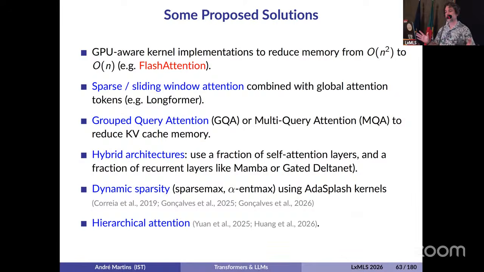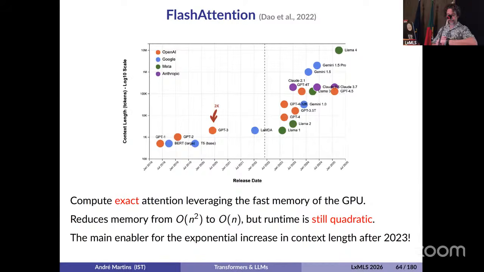Then we have lots of approaches that try to sparsify attention or to use sliding windows in the attention to avoid having to look at the entire context. Group query attention, hybrid architectures, dynamic sparsity, which includes some work done by our group, hierarchical attention, and so forth. I'm going to mention briefly some of these in the time that I have left, which I think should be 10 minutes before we do the break.